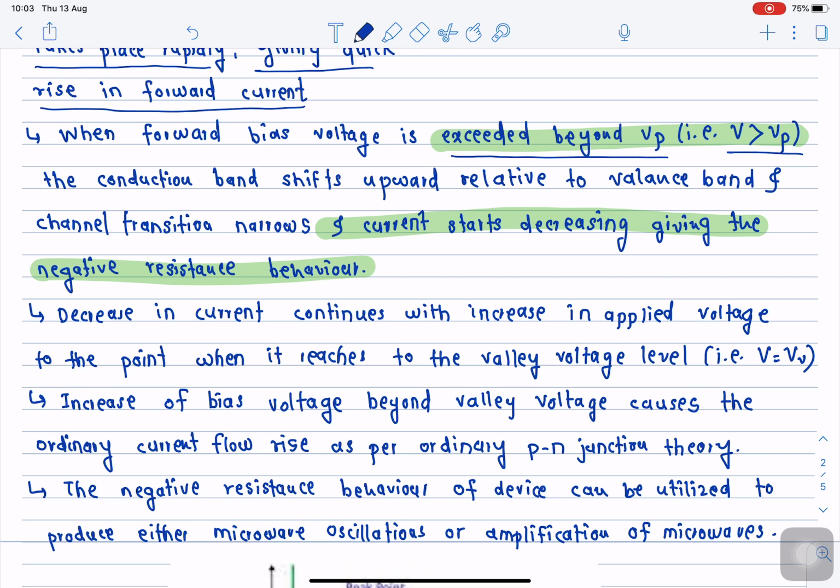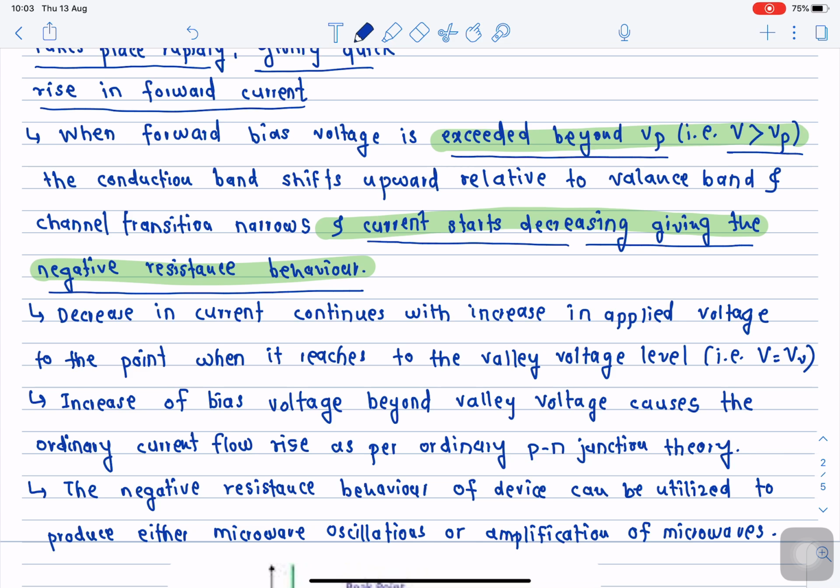And when the channel becomes narrow, the transportation of electrons from the conduction band to the valence band will decrease, and thus the current in the external circuit is going to decrease, which gives rise to the negative resistance behavior.